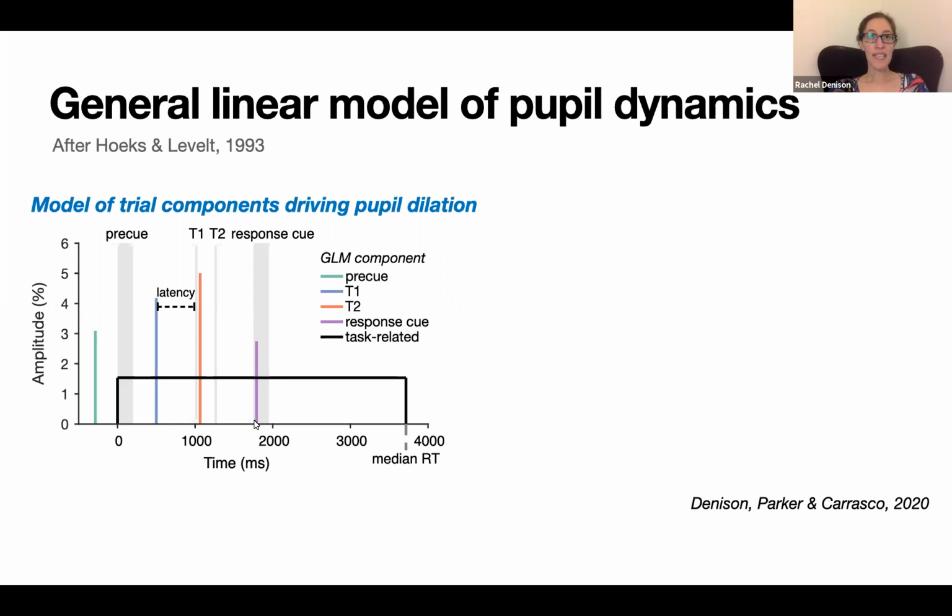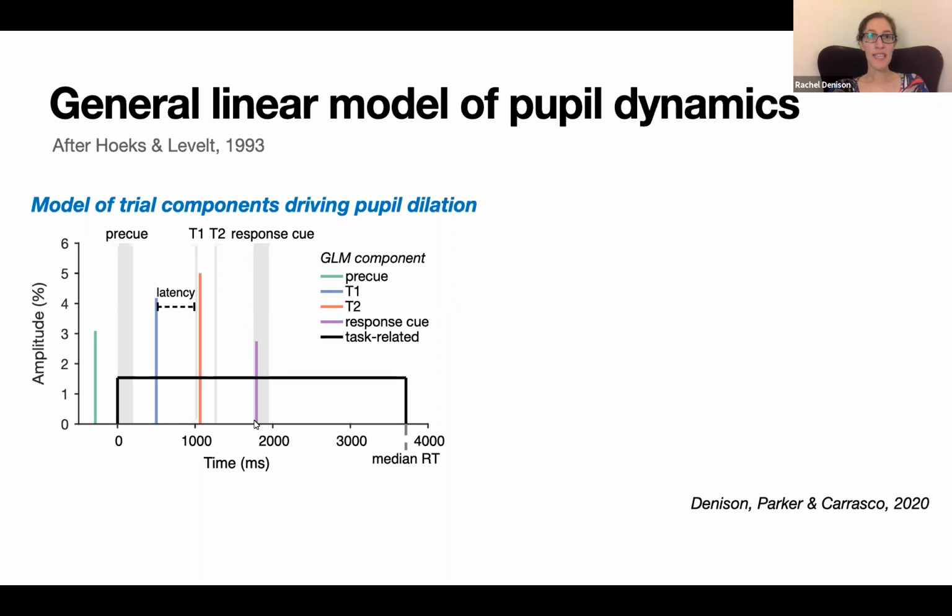So next, some previous authors have included not only stimulus-related components, but also a task-related component, which is sometimes called a decision-related component, shown in black here. So here we imagine that some cognitive process starts at the beginning of the trial and then is sustained until the observer makes a response.